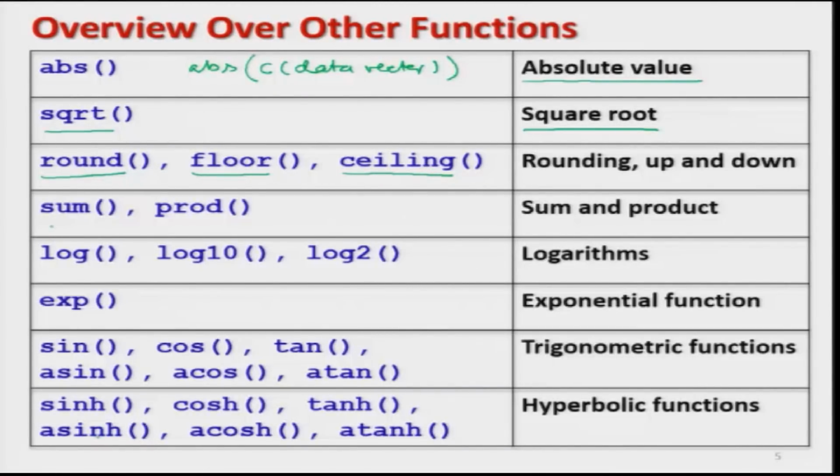If you want to find the sum of two numbers or say the sum of two vectors, then the function is sum, and for product the function is prod. And similarly, if you want to compute different types of logs, these functions are there, for exponential functions are there, for trigonometric functions sine, cos, tan, etc. are there, and hyperbolic functions sinh, cosh, tanh, etc. are also there, and there is a long list. But now I will take some examples, and I will show you how you are going to use them.